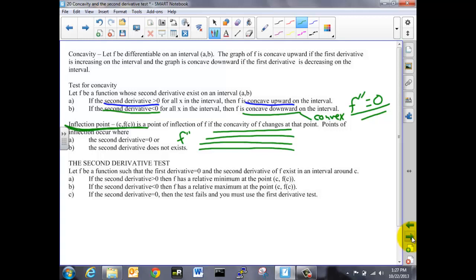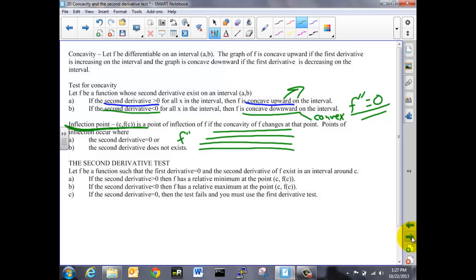Is that why they're called convection? Yeah, you were right. Concave upward is this. How about concave downward? The concavity is facing down. Note to self, change these notes, okay?